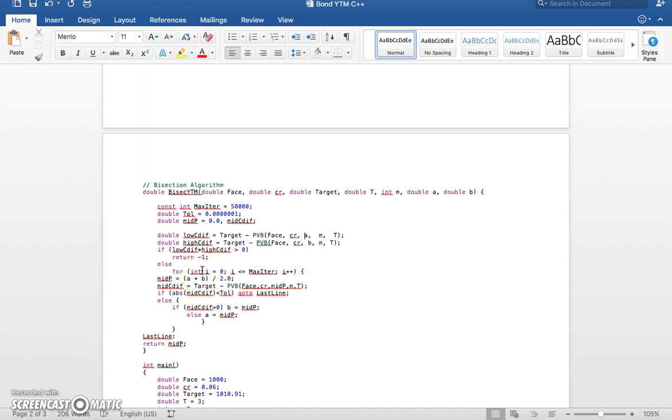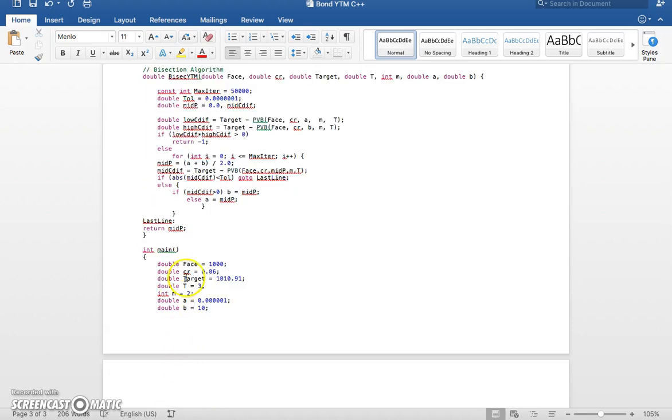Okay, then to get the bisection going, we set up a loop and we say run this estimation in such a way that we don't exceed the maximum iterations, and we put in an initial guess for A and B. So down here when we set out the main part of the function, the parameter values that we enter in for A and B are less than 1 basis point, and 10 here would represent 1000%. 1 would be 100%.